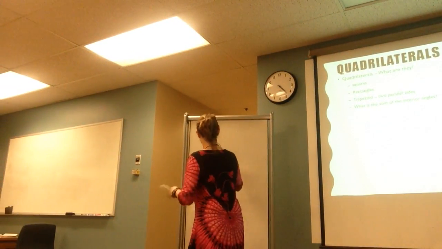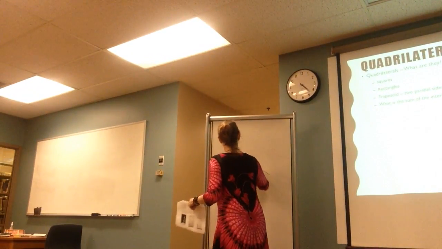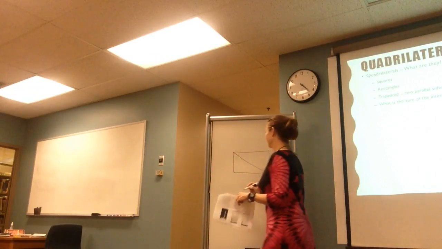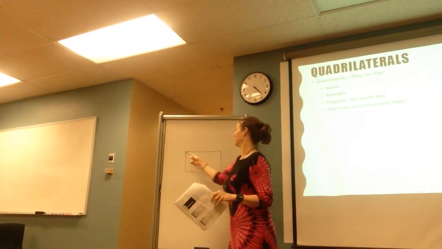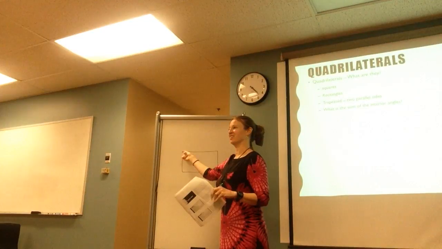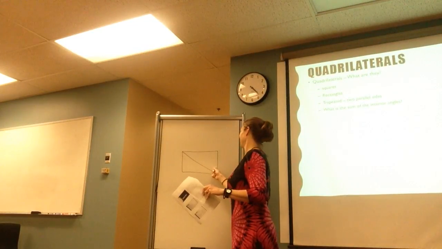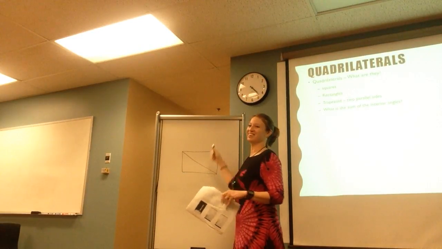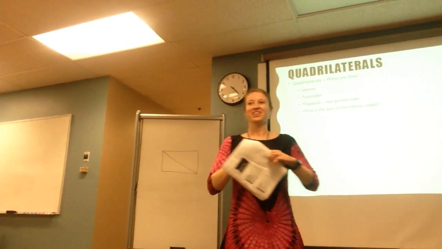Since we've already got a triangle, what do the three angles add up to in a triangle? 180. What do the three angles in this triangle add up to? Then add them all together: 360. A quadrilateral will add up to 360.